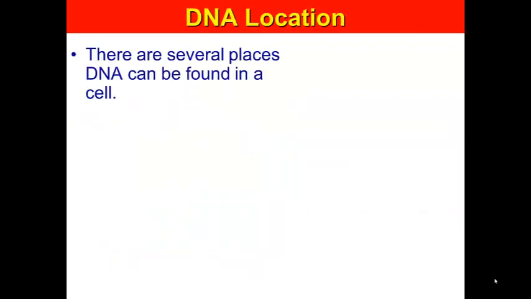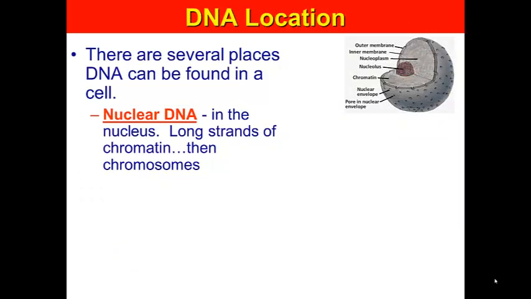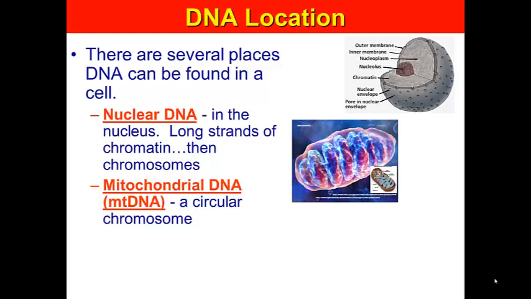There are several places DNA can be found within the cell. Nuclear DNA is found in the nucleus. This is found as long strands of chromatin that condense to become chromosomes. They're also found in mitochondrial DNA. If it's mitochondrial DNA, it's got the MT in front of it that stands for mitochondria.